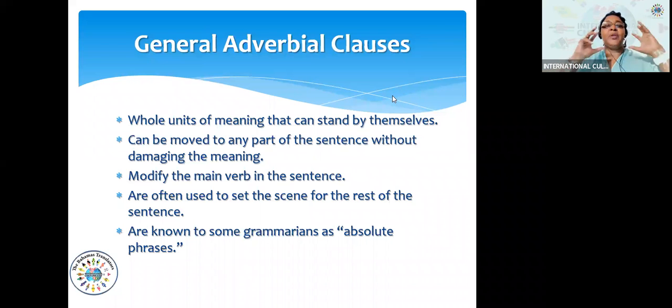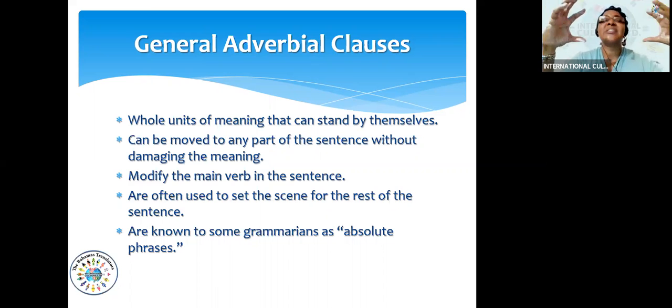So what's happening with general adverbial clauses? These clauses are whole units of meaning that can stand by themselves to convey an idea or a message. They can be moved to any part of the sentence without damaging any meaning, just like how we did the exercise earlier, and we switched around some terms.